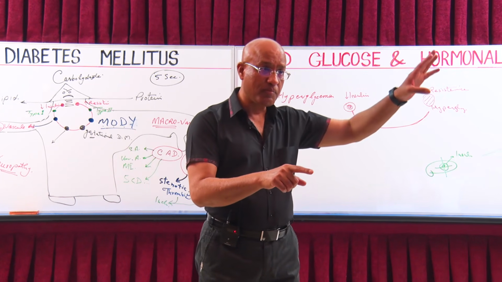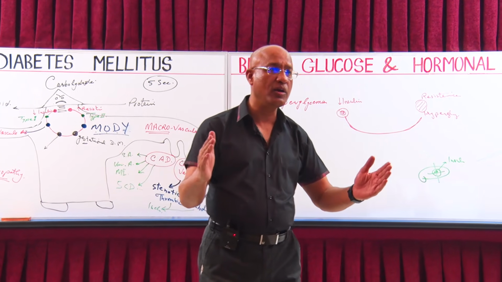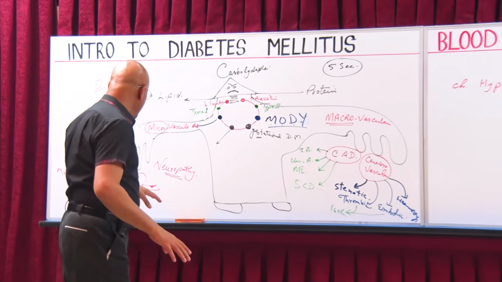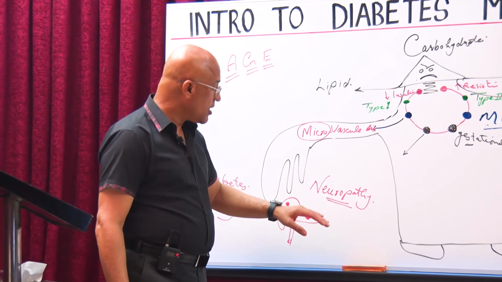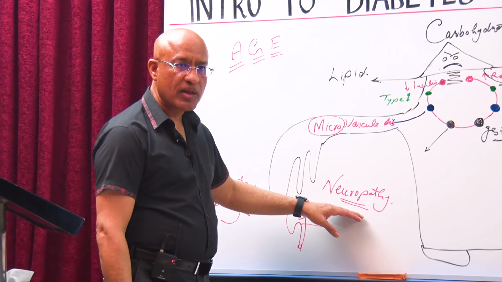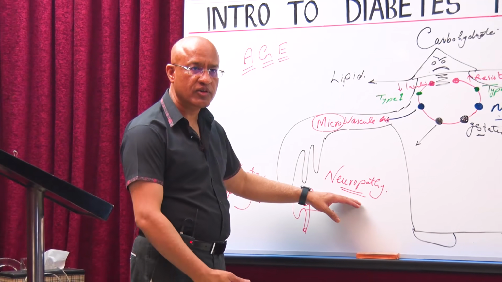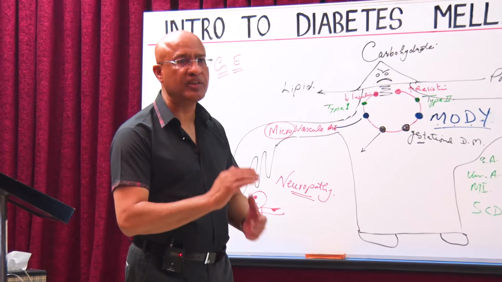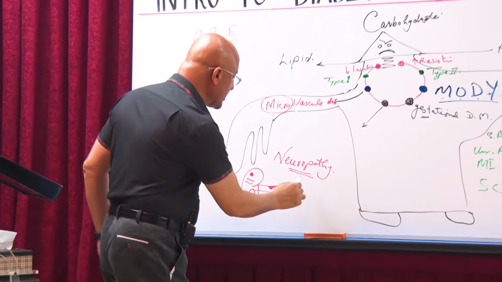Much later on, we'll have a full one hour lecture on diabetic foot. But let's come back. So we were talking about neuropathy, polyneuropathy, symmetrical polyneuropathy. If it is in lower limb and upper limb both, then it is gloves and stocking distribution. But some diabetic patients develop mononeuropathy also.